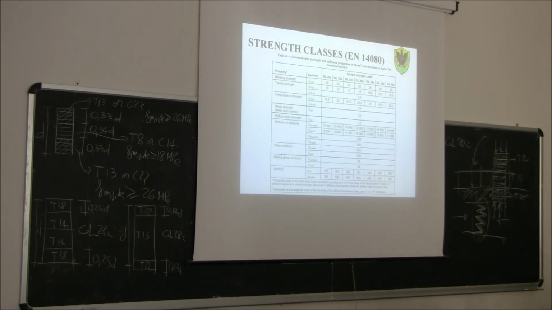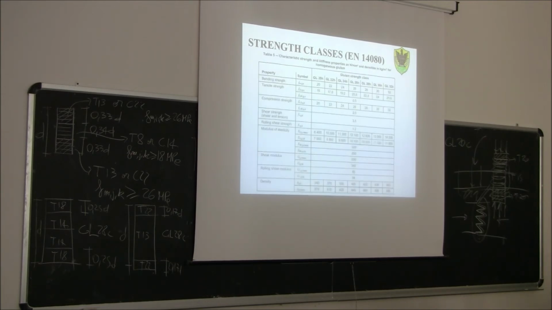So when you do your structural design, this is the table that you need. From here you select a certain glulam class, and from the class you have all the properties. This is combined glulam, and this is homogeneous glulam.